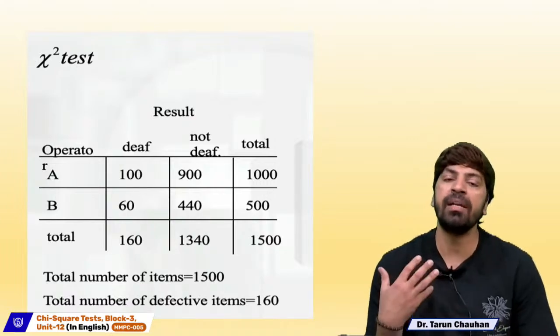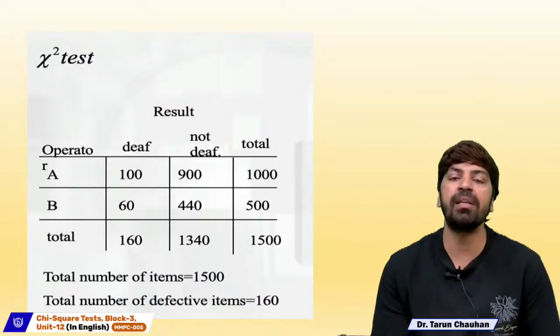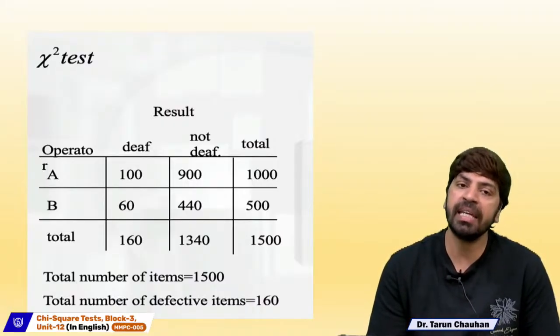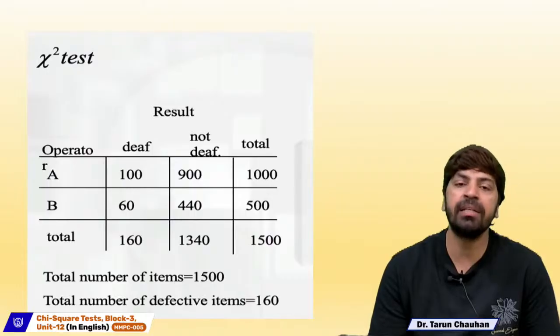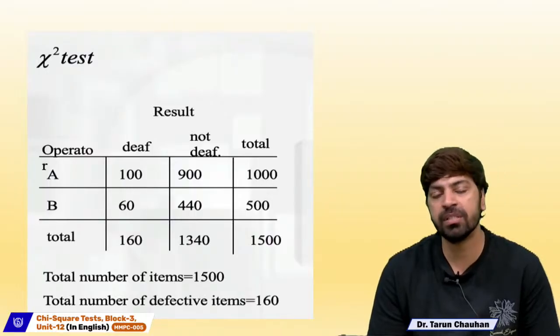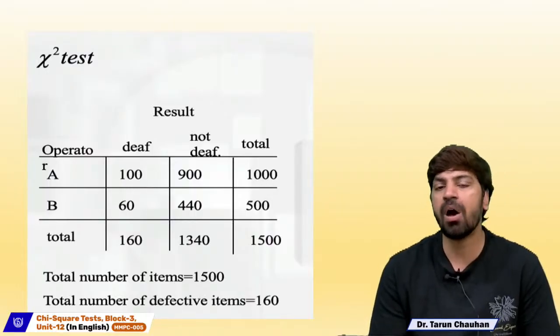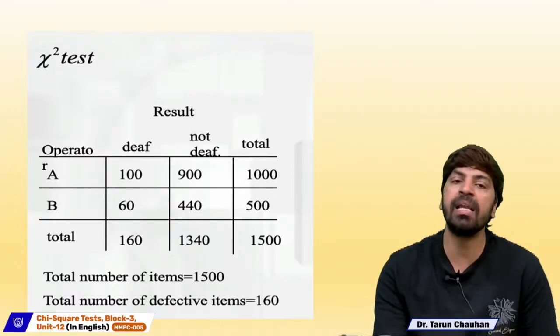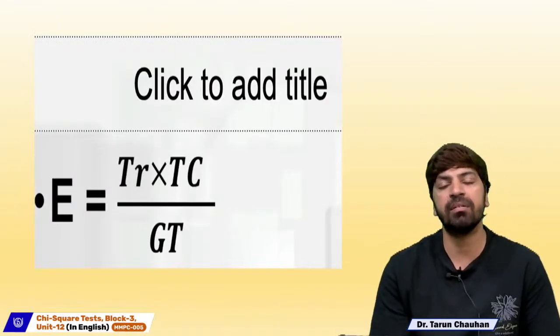Once we estimate, we get the value for operator A, the D first row and first column. So this is how we use the formula to calculate the expected frequencies.